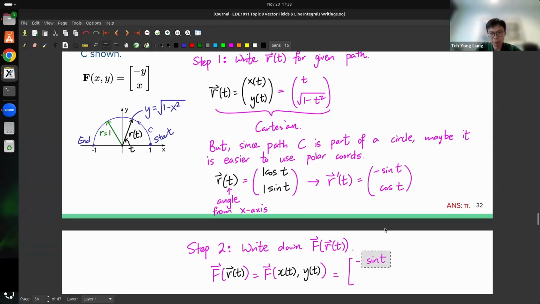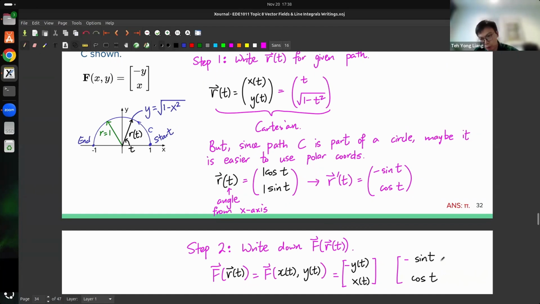Let me put the sine t in black so that you know this is your minus y. This vector is minus y of t, then x of t. In a nutshell, just sub in the parameterization r of t that you just made. So this will be your minus y of t and this will be your x of t from the given vector field. So you have minus sine t, and x of t will be just cosine t.